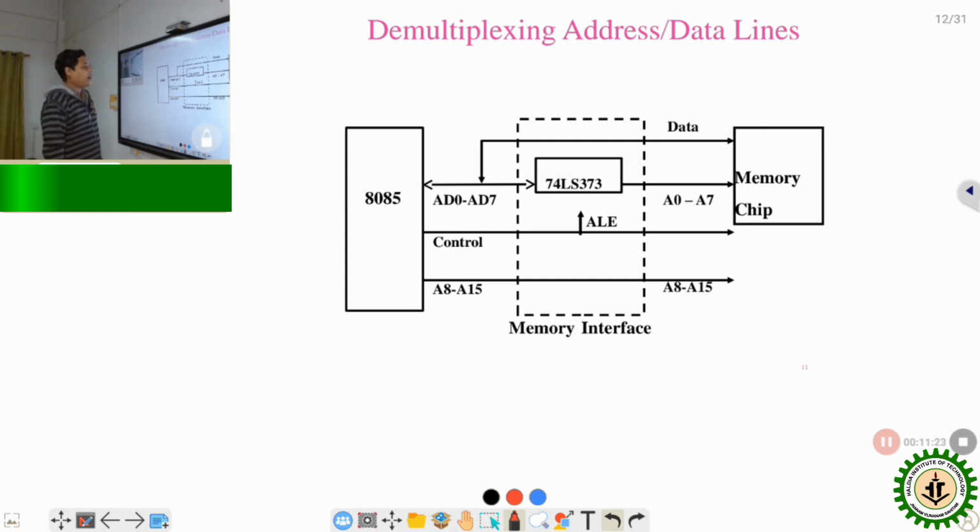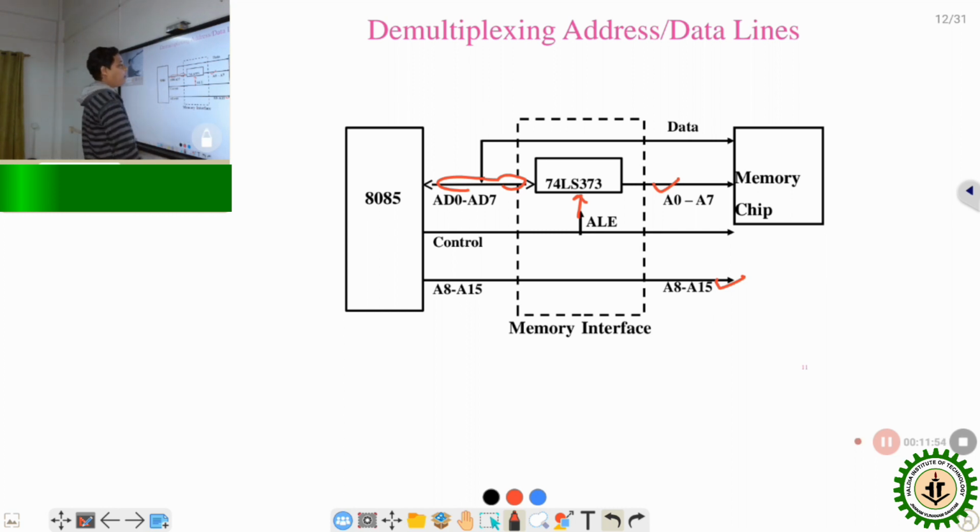So here is the summary of the previous picture: the ALE signal enables the 74373, and the input of the latch is available at the output of the latch, acting as the address, and the A8 to A15 addresses are available from T1 until the end of the completion of the transfer.